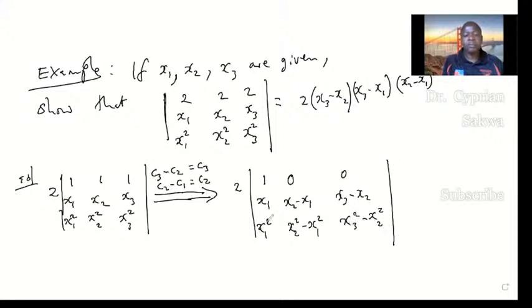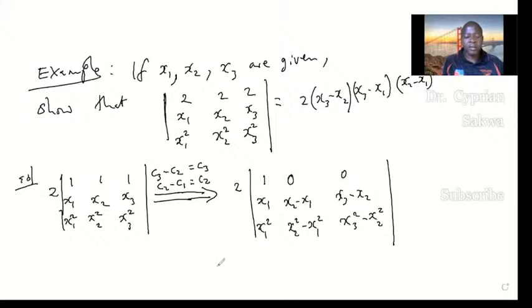I can now find the determinant along this row. So it's this 1 times the determinant of the matrix that is formed when you delete the row of 1 and the column of 1.